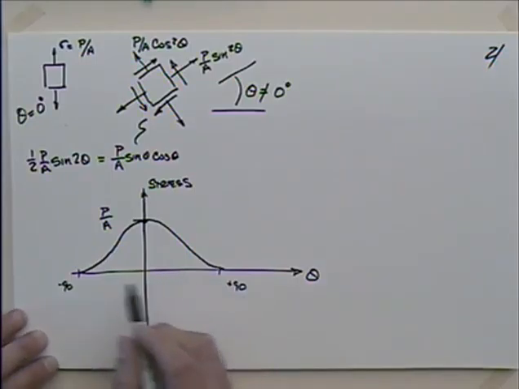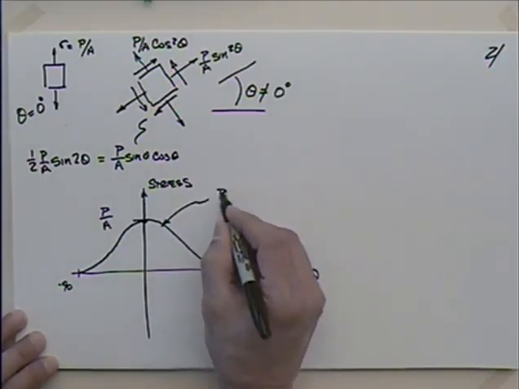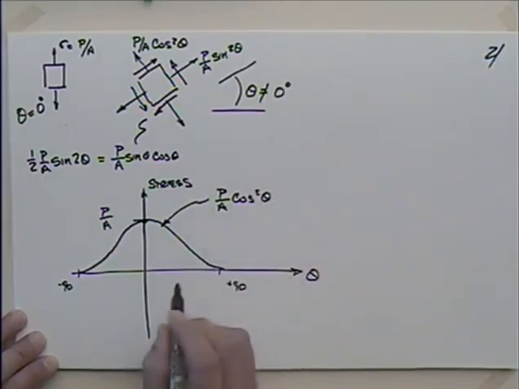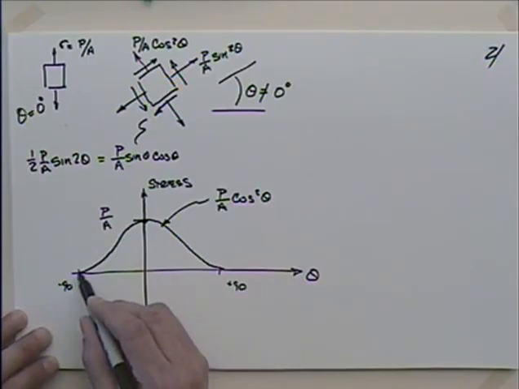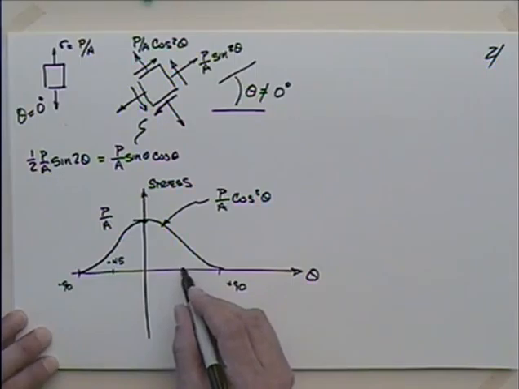And that has a value of P divided by A. Now, if I look at the shear then, so this curve here is for P divided by A times the cosine squared theta. If I look at the shear, it's going to do something like this at minus 45 and plus 45.